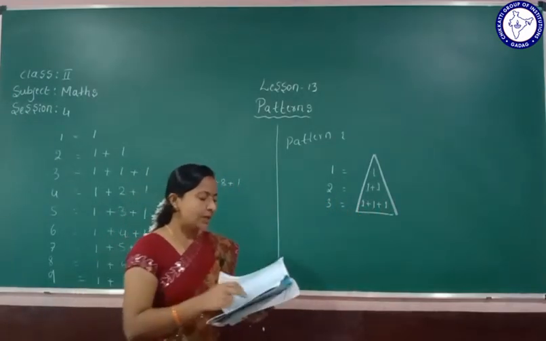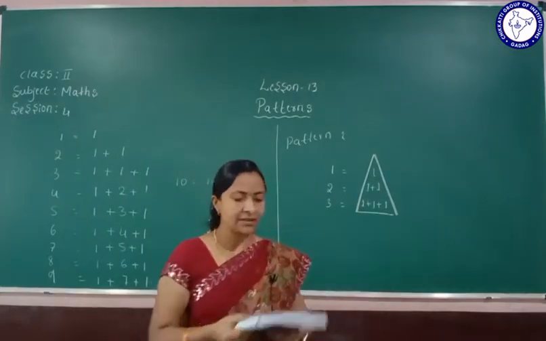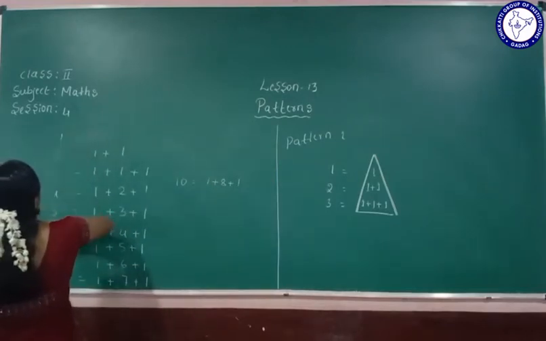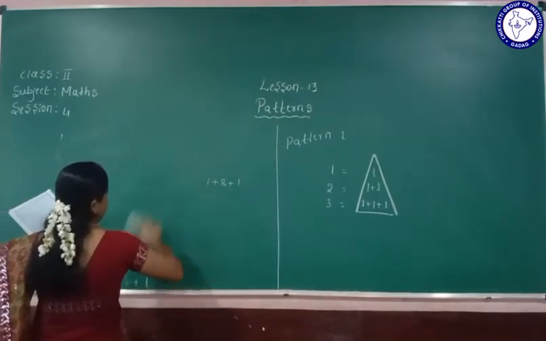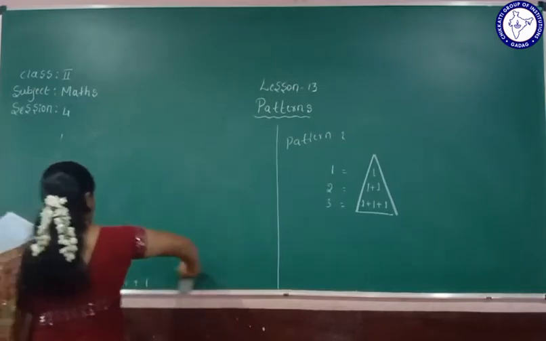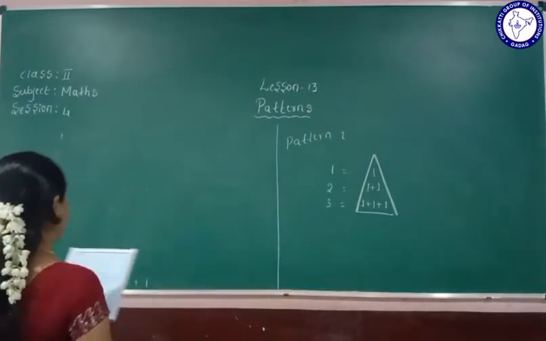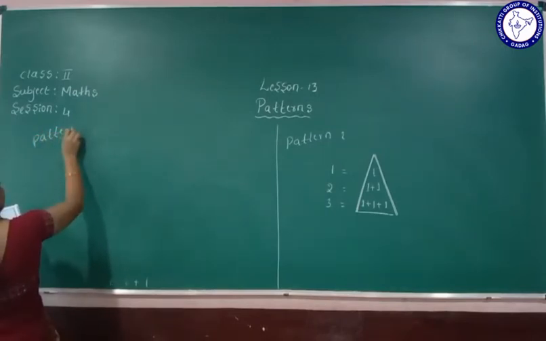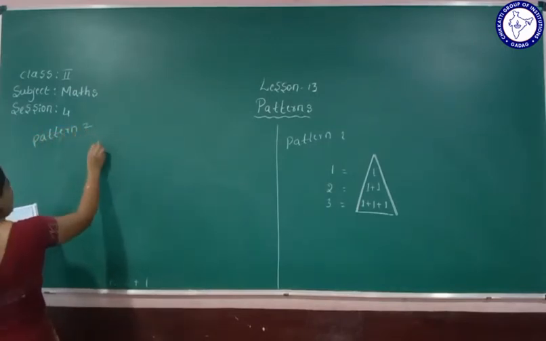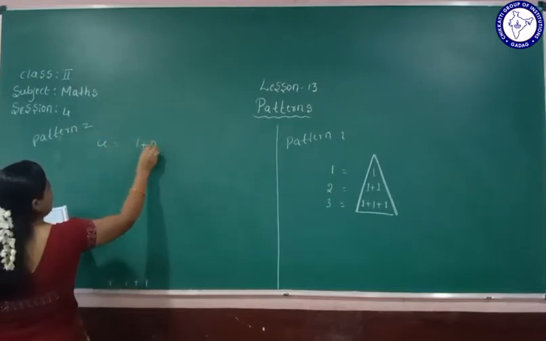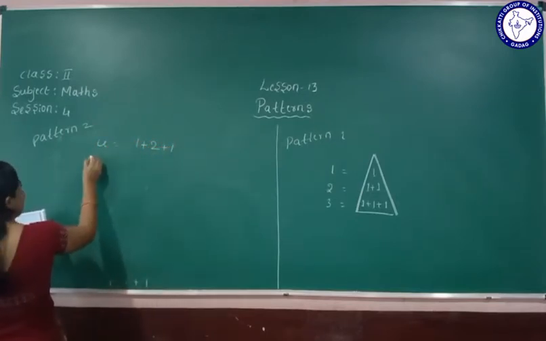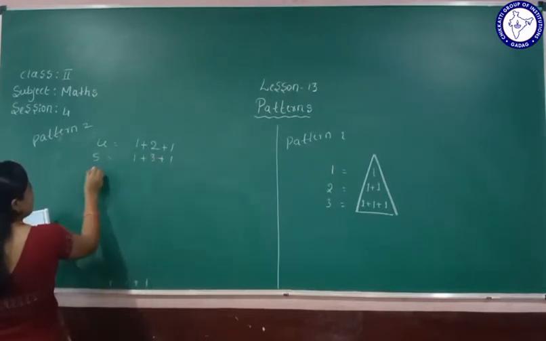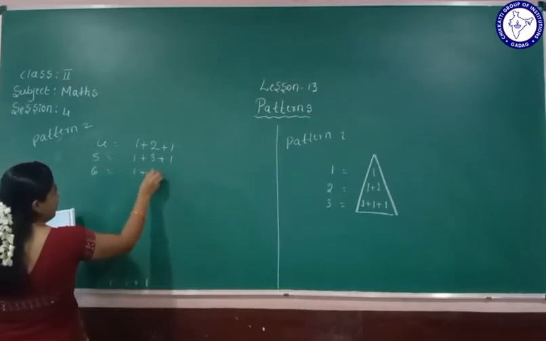Next one is pattern 2. Here 4 is equal to, as you already learned, 1 plus 2 plus 1. Like 5 is equal to 1 plus 3 plus 1. 6 is equal to 1 plus 4 plus 1.